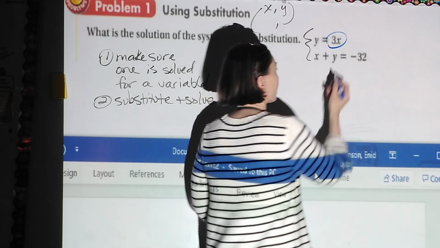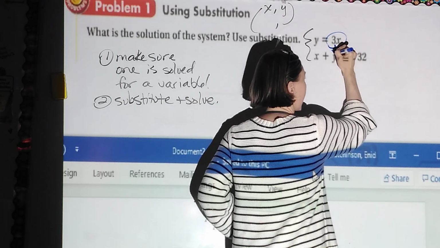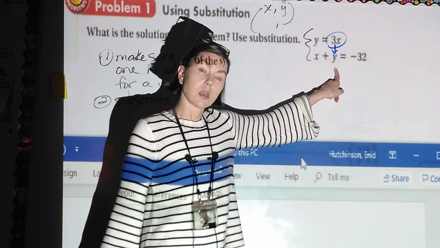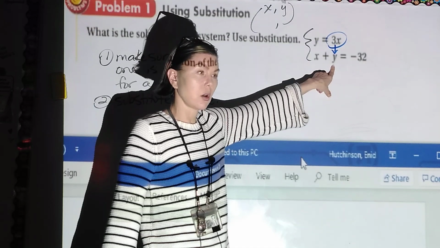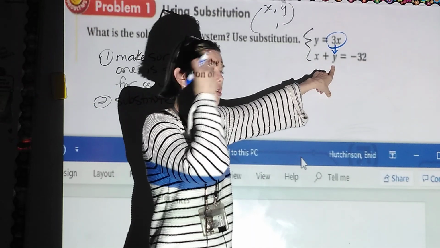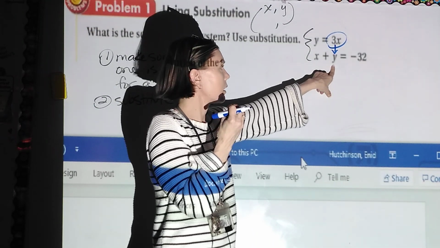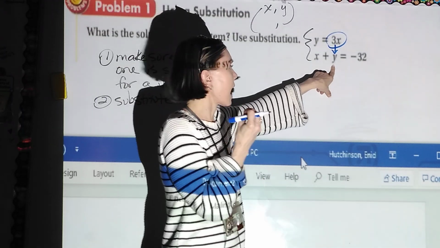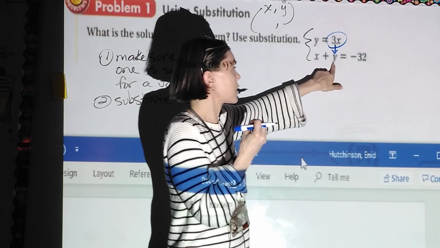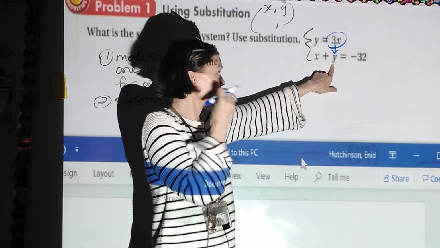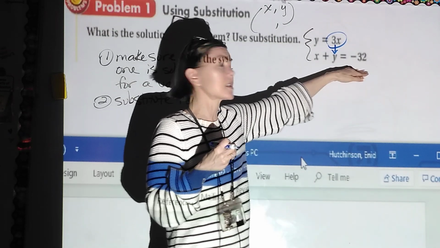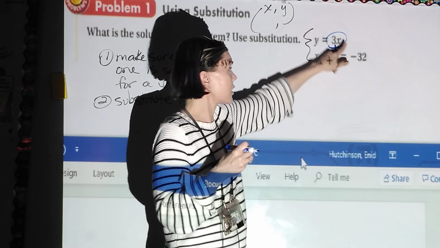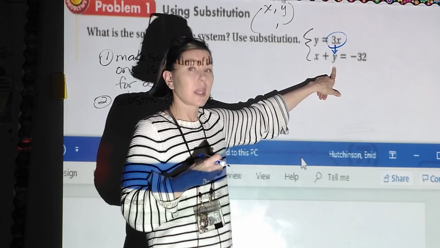And we point it to the y in the other equation. Why are we doing that? Because we are visually telling ourselves that this is what we're substituting in for the y in the second equation. Then we rewrite this second equation, substituting what y is equal to in for that y.